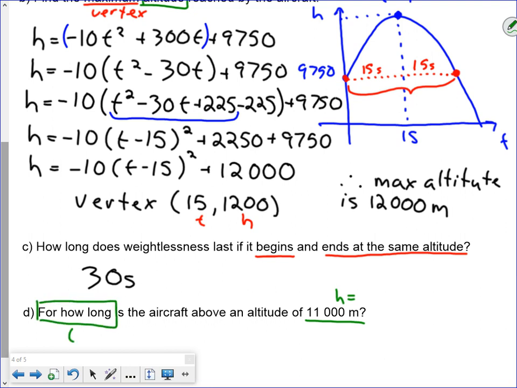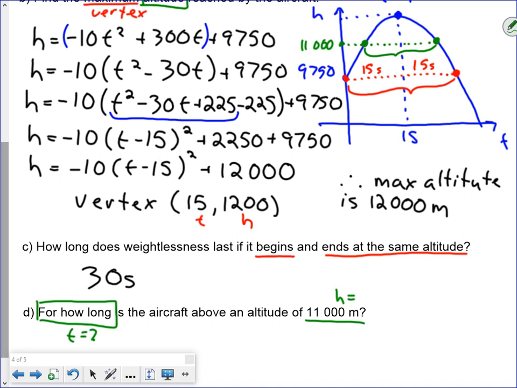So they're asking us to find an interval of time. Our 11,000 meters is going to be right about here on our graph. So our plane reaches that 11,000 meters at that point right there. It goes up past it, and then it comes back and it's at 11,000 meters again here on the other side. So just like in part C, they're asking us for this time interval from here to here.